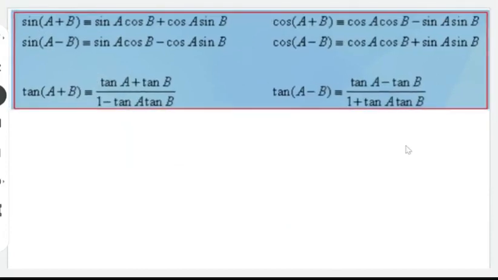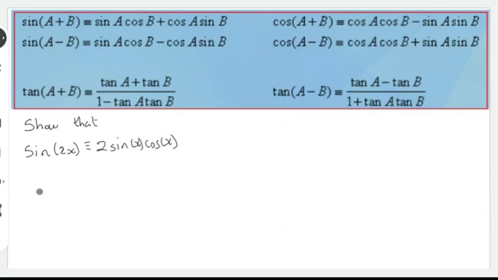Okay, so here, just to check that we know what's going on, on slide 10, can we use the identities above to show that sine of 2x is identical to 2 sine x cos x?